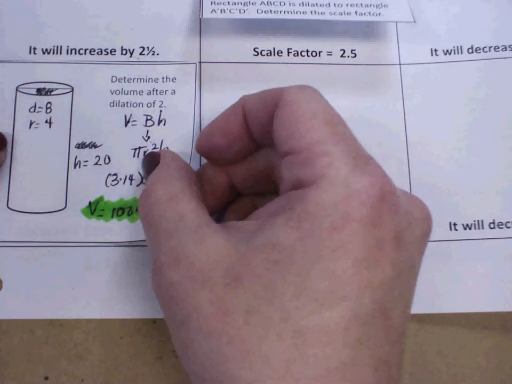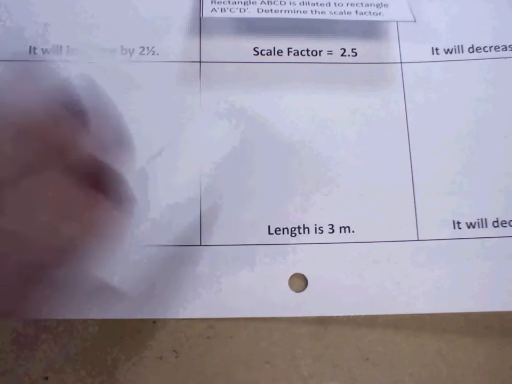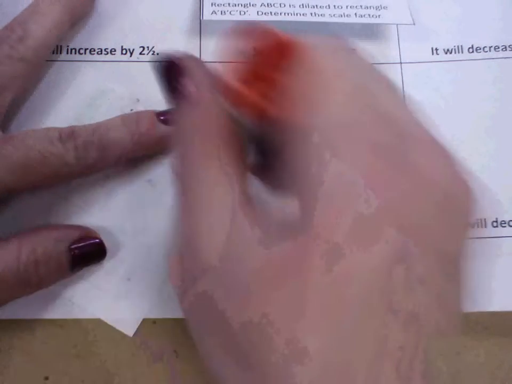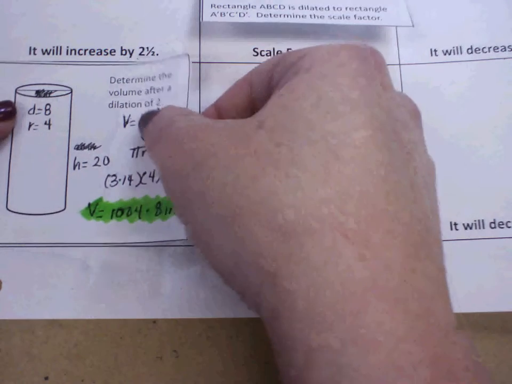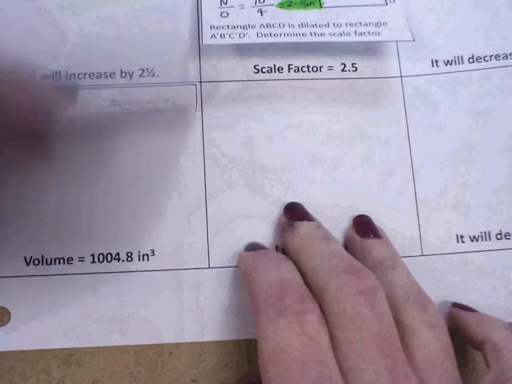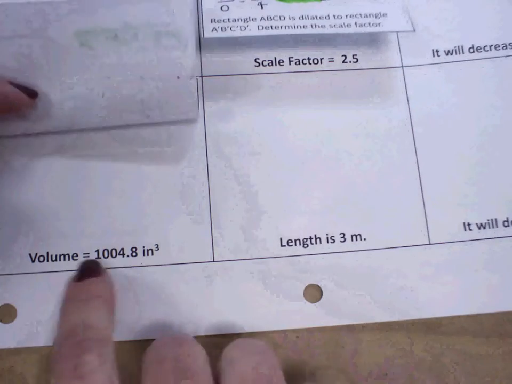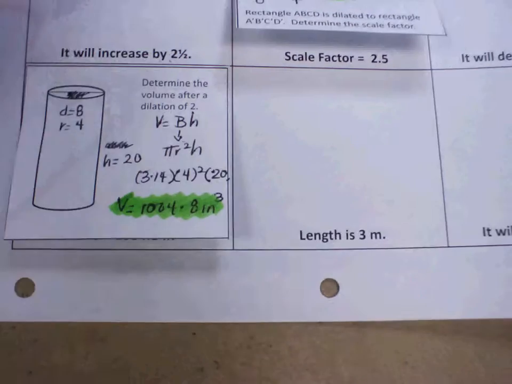Oh, this one was the volume one, right? 10,000. Yeah, that was this right here. So that one goes there. Look at the volume.